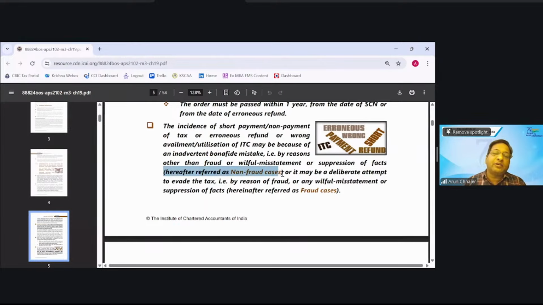So hereinafter called non-fraud cases. Or it may be the fraud cases also, a deliberate attempt to evade the taxes.